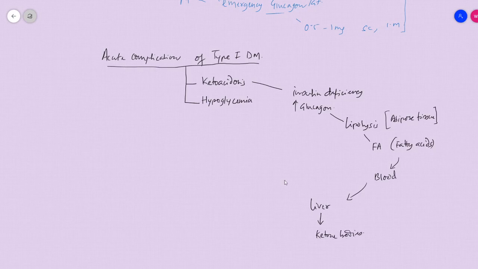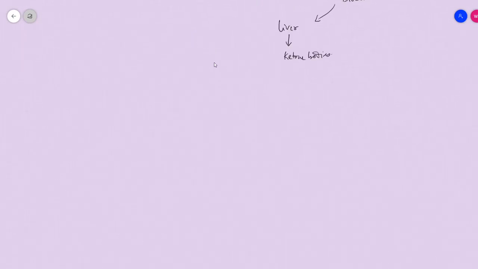Okay. So what is the problem with ketone bodies? These ketone bodies can result in the deterioration of the mental status.